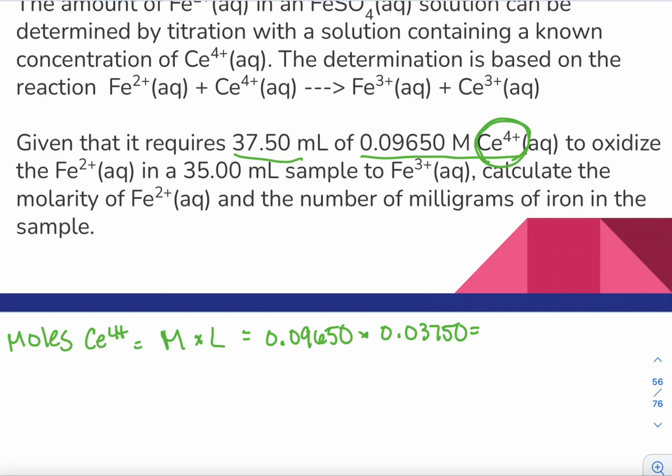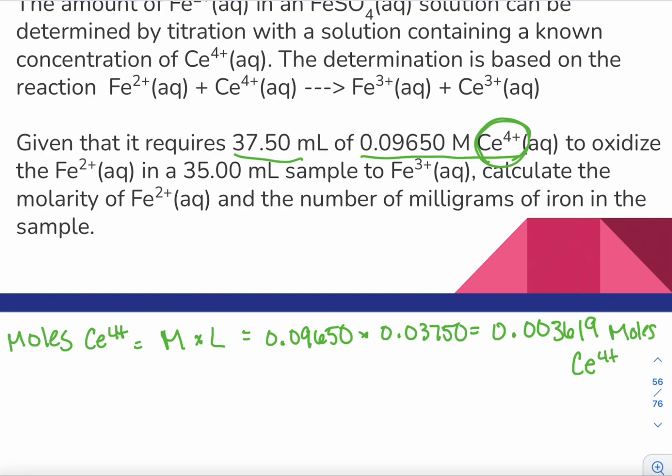And that gives us, okay, so that gives us our moles here.